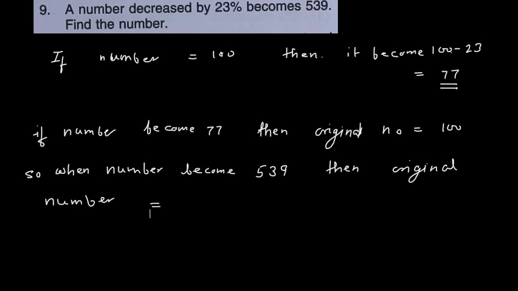So when the number becomes 539, the original number will be 100 divided by 77 multiplied by 539.